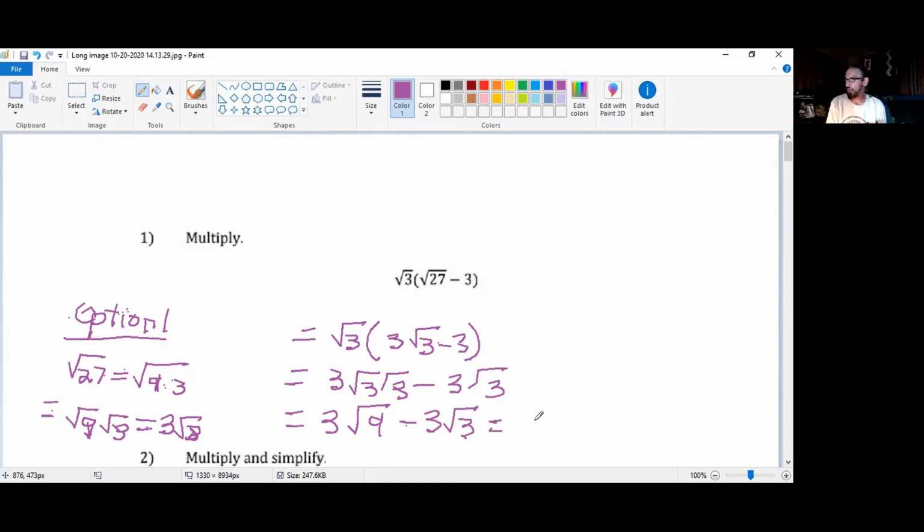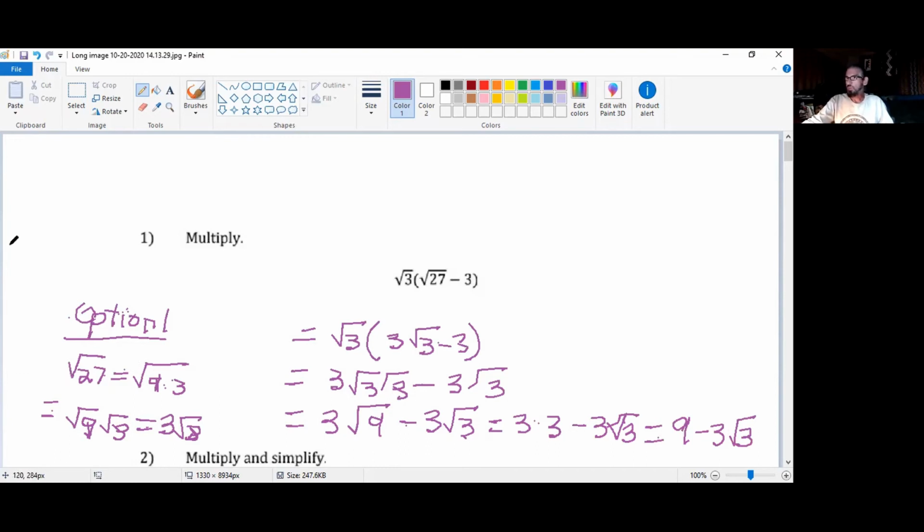And I already had a 3 out there multiplied in front. So we're going to get 9 minus 3 square root of 3. That required putting something back together where I'd already done some breaking apart.